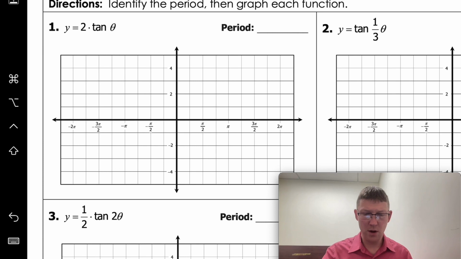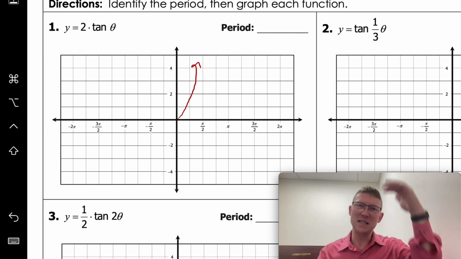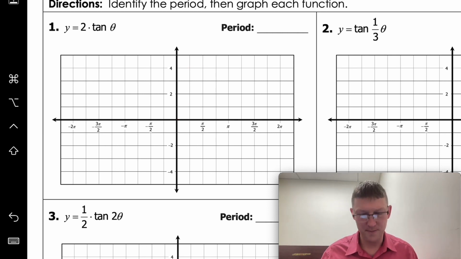So looking at number 1, we've got this 2 in front. Now remember, that's not the amplitude, but if you imagine that it's stretching a little bit, our normal tangent function kind of looks like this, and this one is just going to look like this a little bit more. Like I said, it's kind of stretching a little bit; it's a way to imagine it. But we do have a definition for the period.